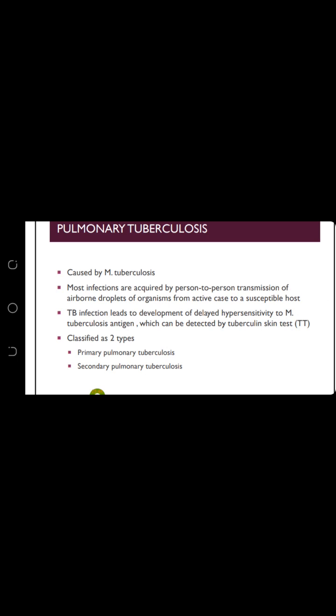Pulmonary tuberculosis is classified into two types: primary pulmonary tuberculosis, as well as secondary pulmonary tuberculosis.